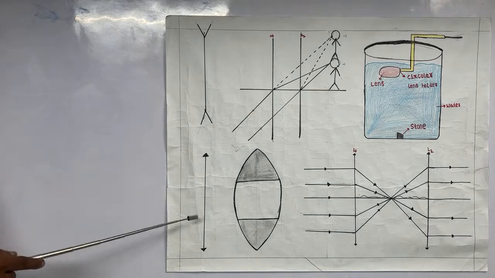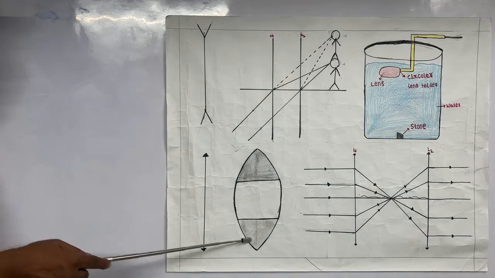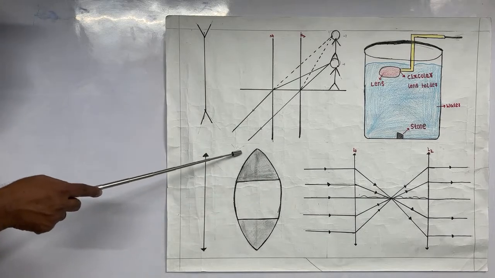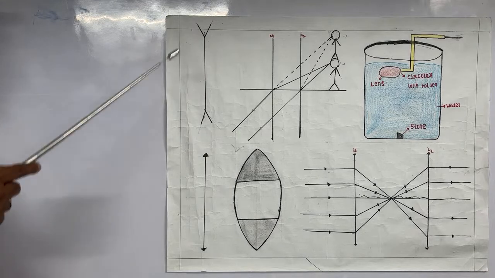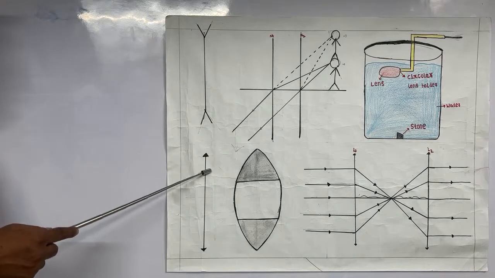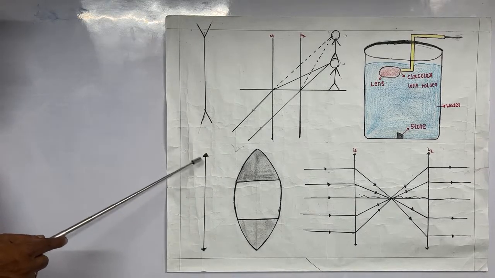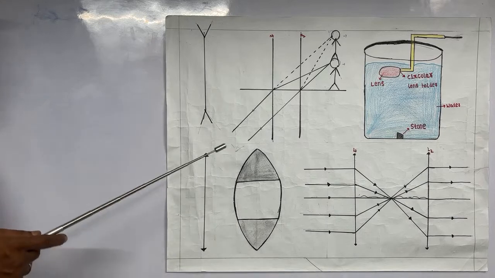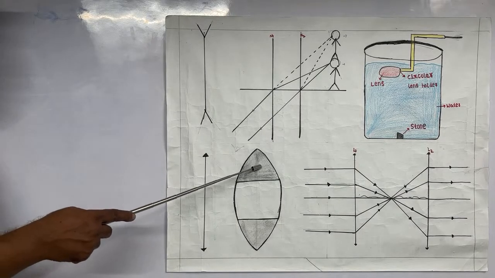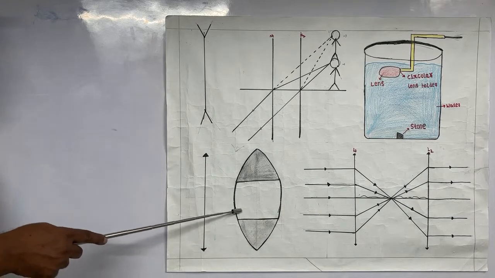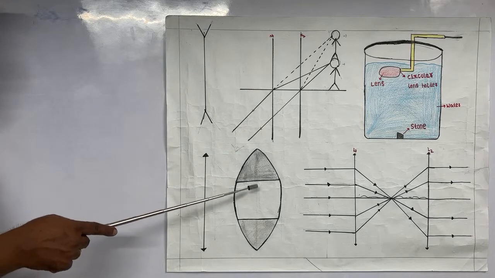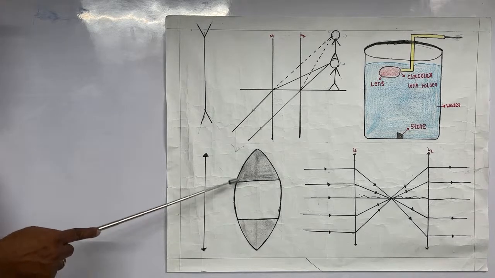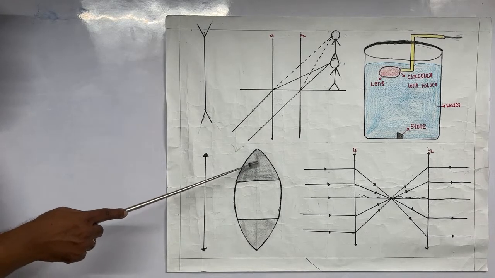And the question is, when the convex lens is made up of three different types of materials, how many images are going to be formed here? People will get confused and think that one image may be formed, but three different images are going to be formed here. The reason is that each and every medium has a separate focal length. Due to that reason, they will form three images.